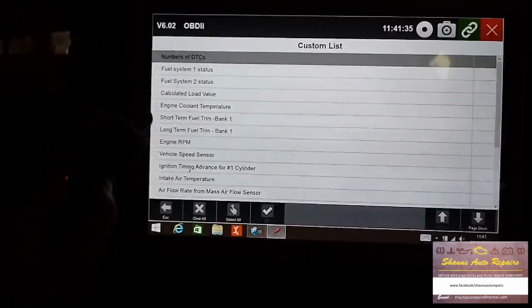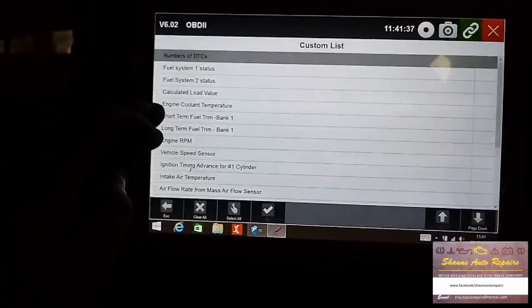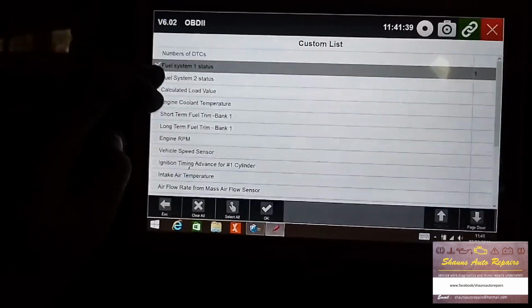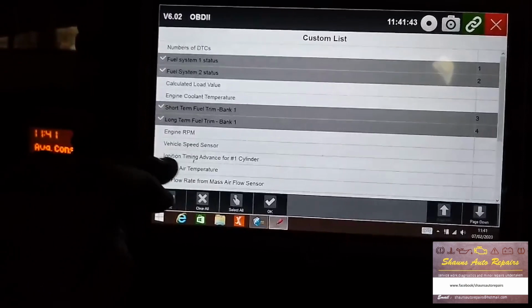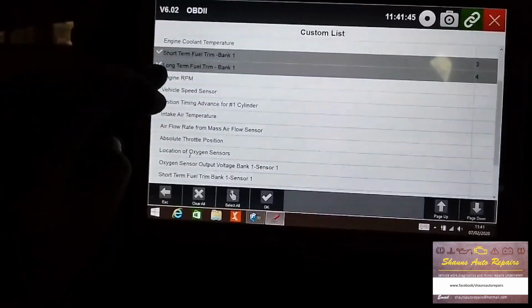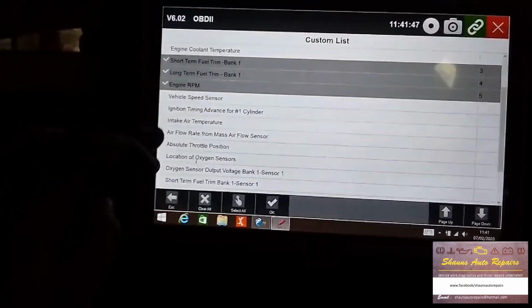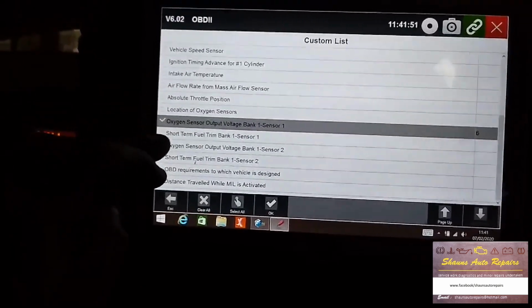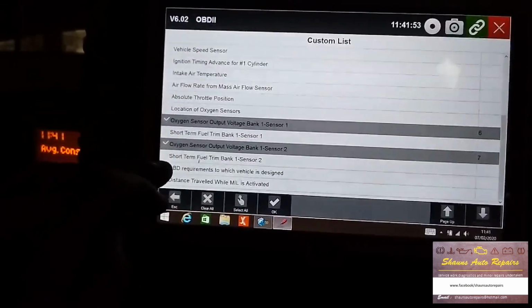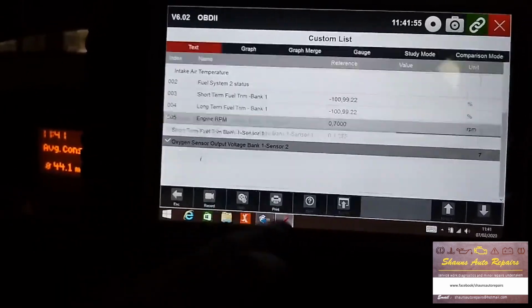Custom list. Alright, short-term fuel trim, long-term, engine RPM, oxygen sensor, bank one, sensor 1, sensor 2. Alright, that'll do for now.